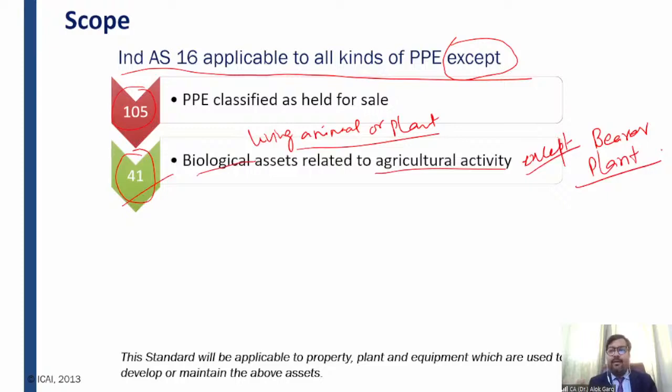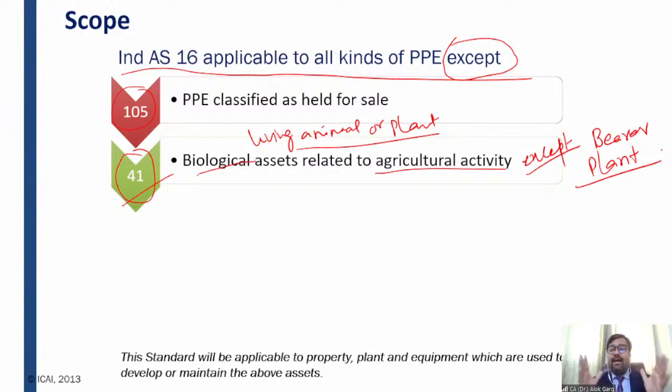If you plant a mango plant or mango tree, of course you will not have mangoes only for 1 year. You will have mangoes for 20 years, 30 years, 15 years, right? So bearer plant means those plants which bear the produce. For example, tea plant, coffee plant, coconut plant, apple tree, mango tree.